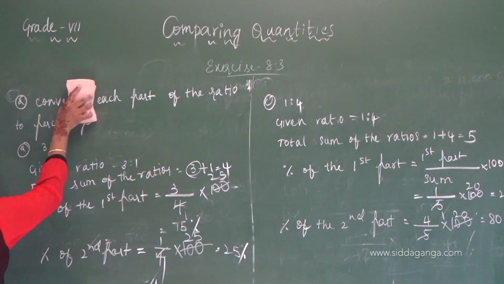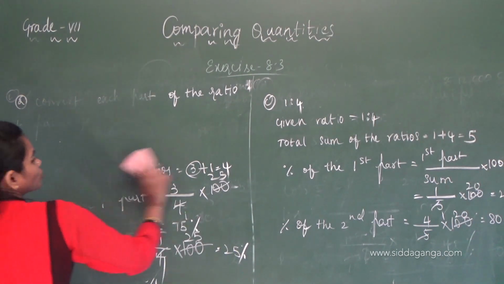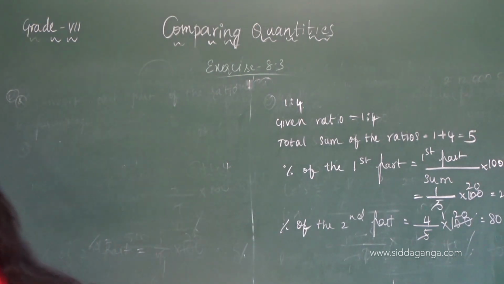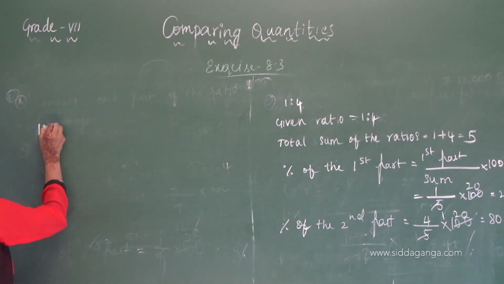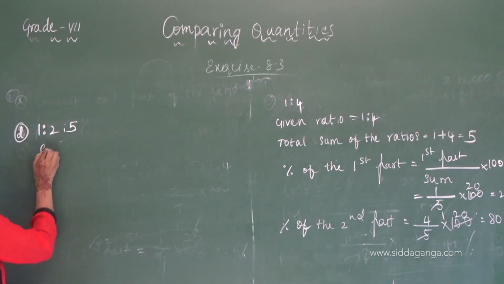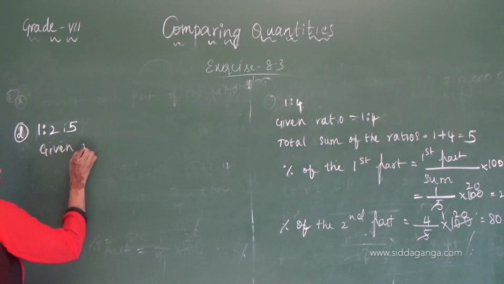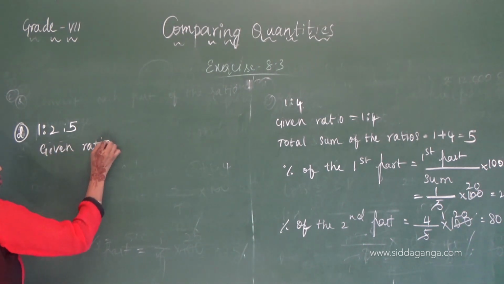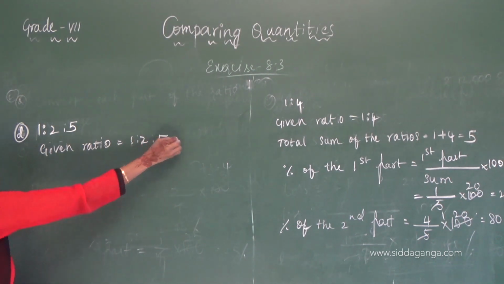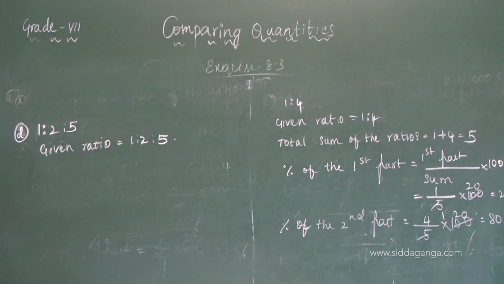And then 1 is to 2 is to 5. Given ratio: what is the given ratio? 1 is to 2 is to 5.